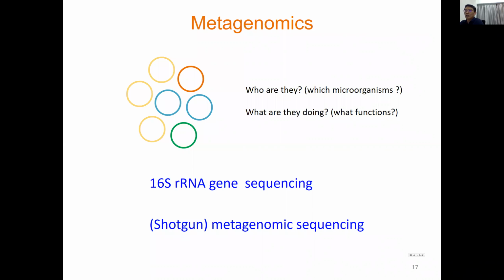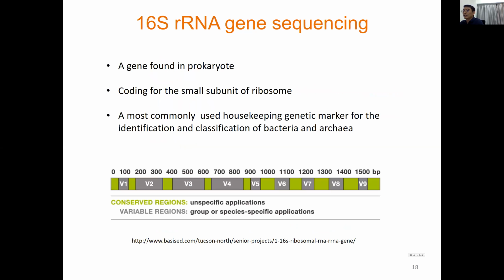The shotgun metagenomic sequencing is also called metagenomic sequencing in some cases. First let's look at the 16S rRNA gene sequencing. I'm not sure whether you are familiar with the 16S rRNA gene.